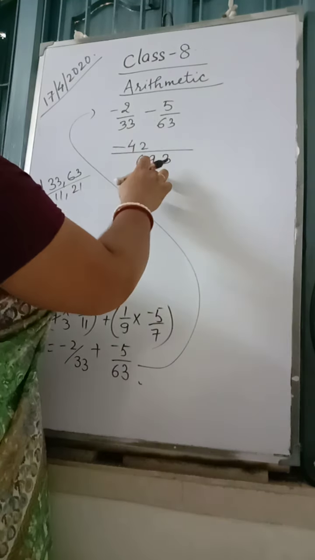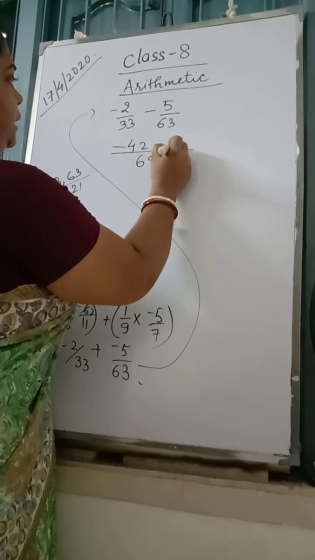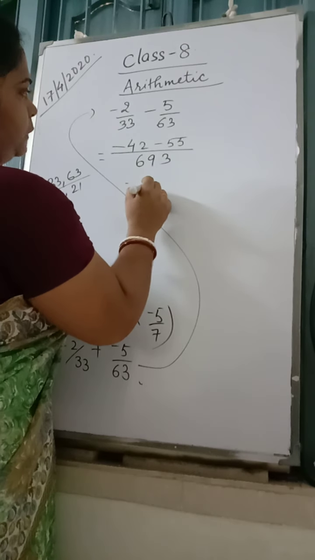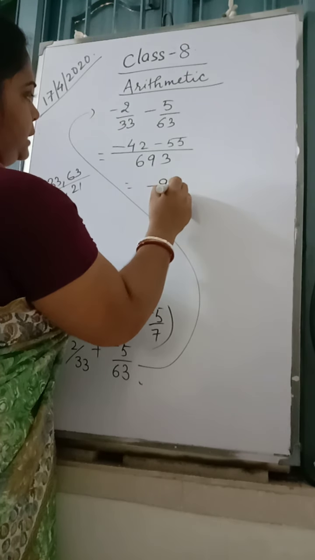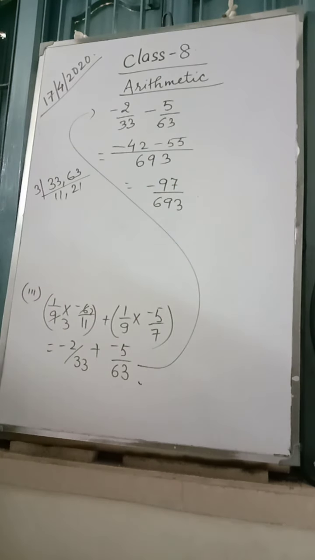Now 63 we have, so 63 into 11. This gives you minus 55. So minus 97 by 693 will be the answer.